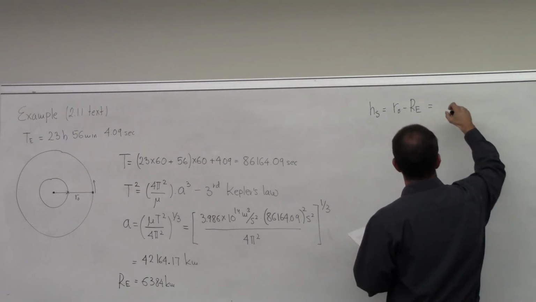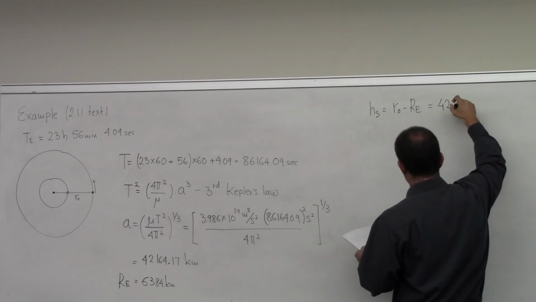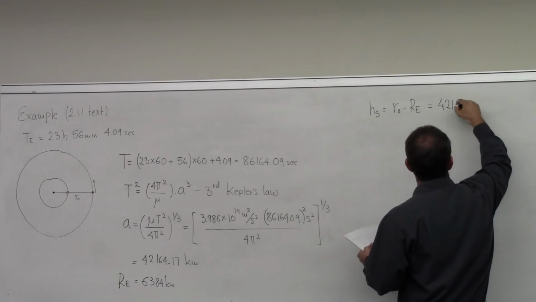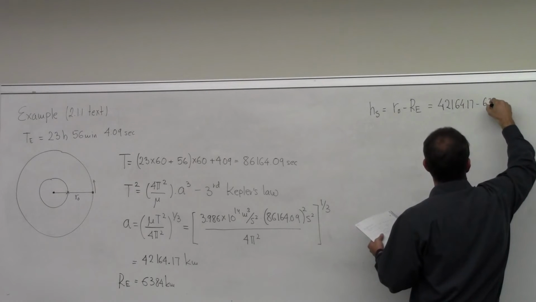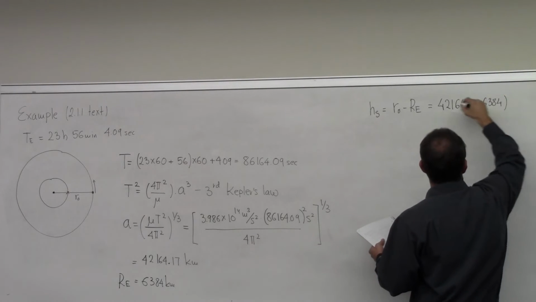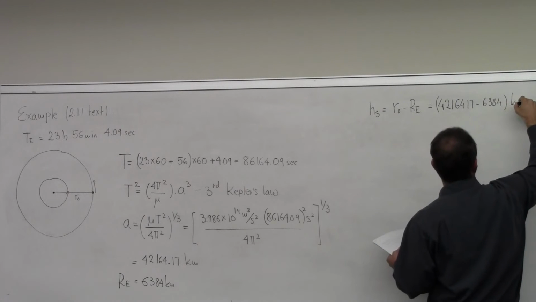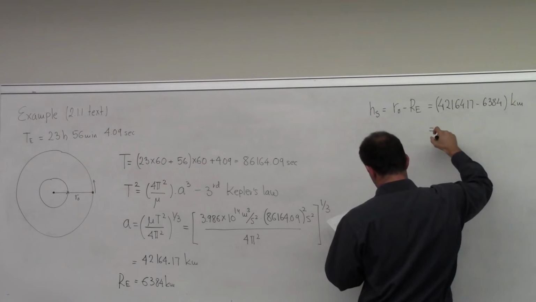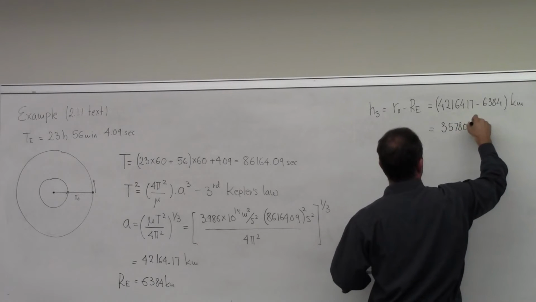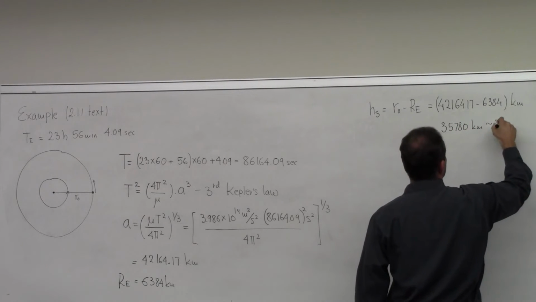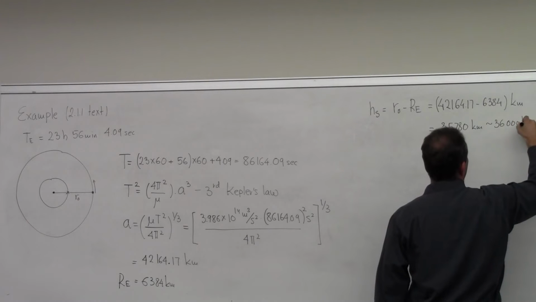And in this case, it is 42,164.17 minus 6,384, all that in kilometers. And this gives you an altitude of 35,780 kilometers, roughly 36,000 kilometers.